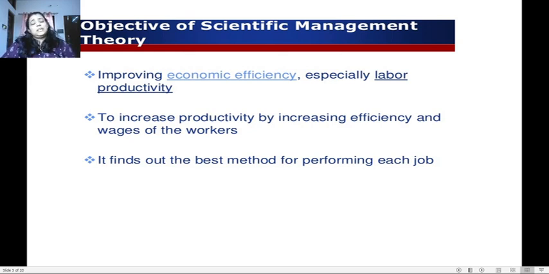Secondly, it was seen that in an organization, when a particular worker is given a good remuneration, his efficiency increases, right?